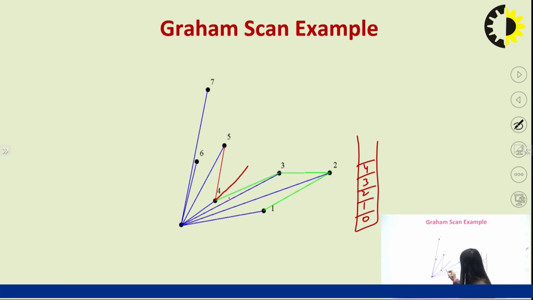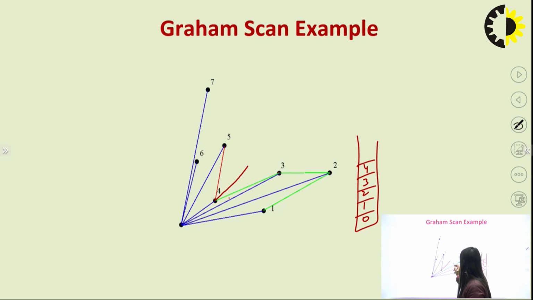If you extend this 4th point, 1, 2, 3, 4. Now see, if you extend from this 4th point, this one is your right.